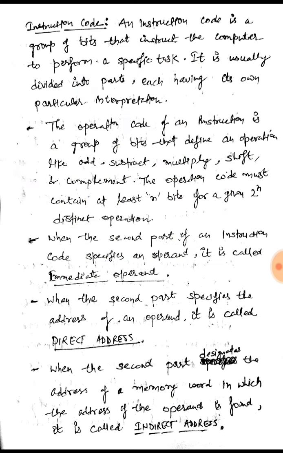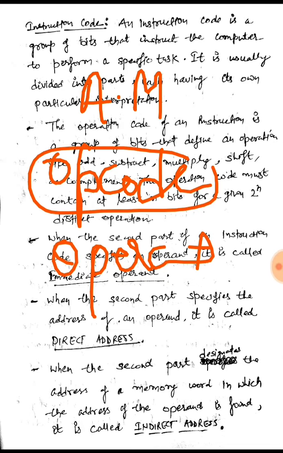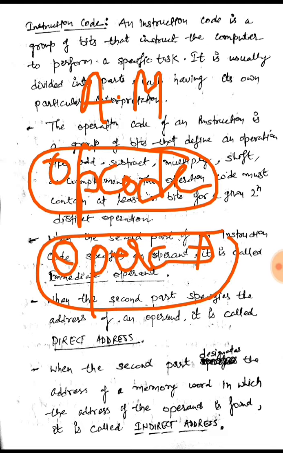Any instruction would be having three main parts, that is addressing mode, opcode and operand. So opcode means what operation we are performing on our data, and operand denotes the data or the value of data which we are operating on.